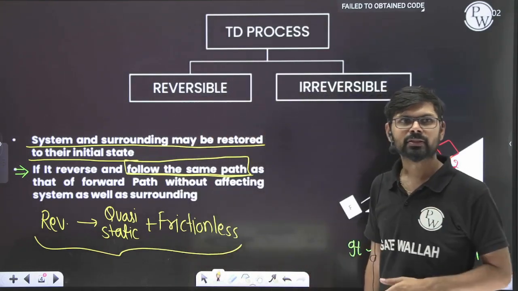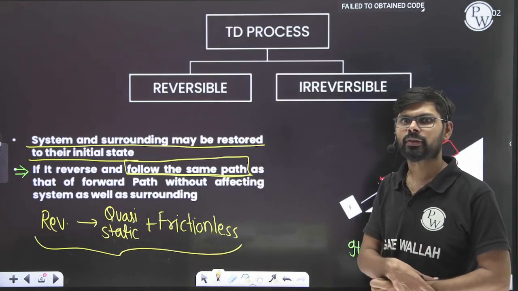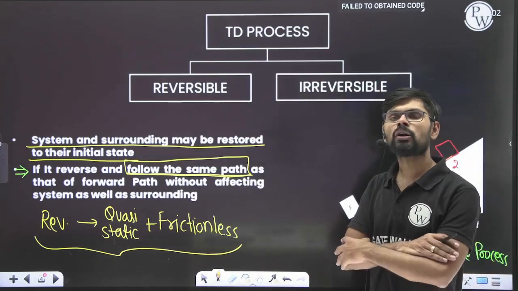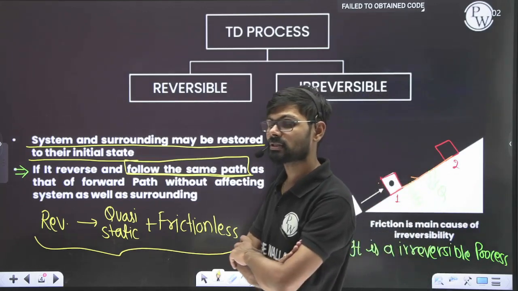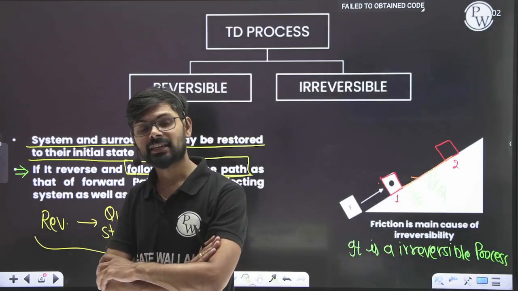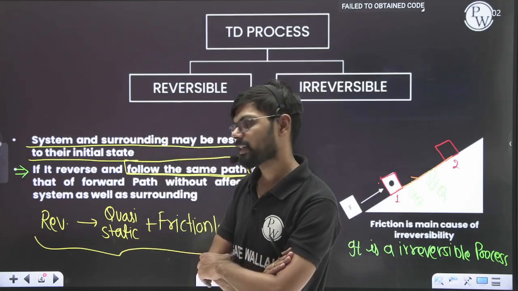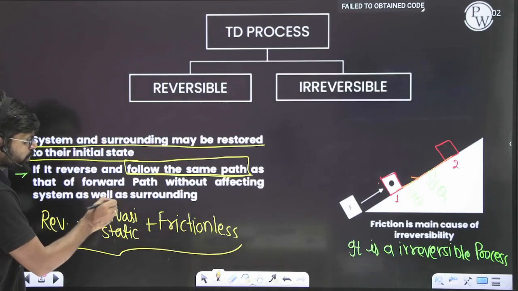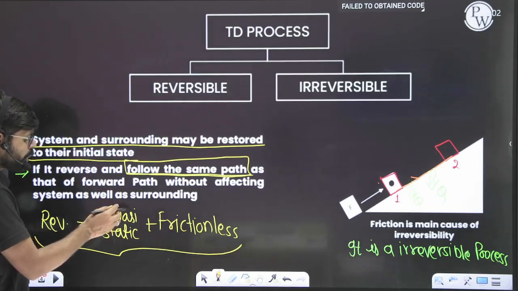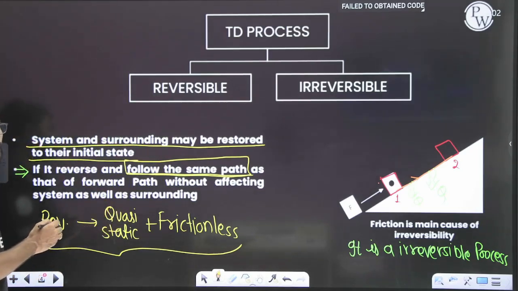Just comment and tell me. It is a correct statement. All reversible processes must be quasi-static, but all quasi-static processes need not be reversible.